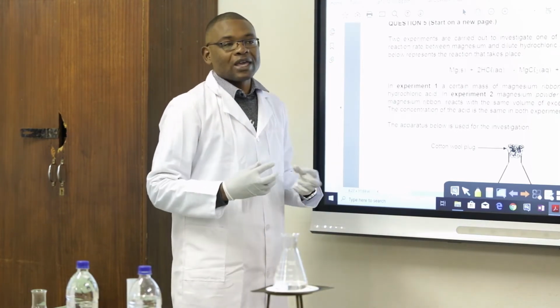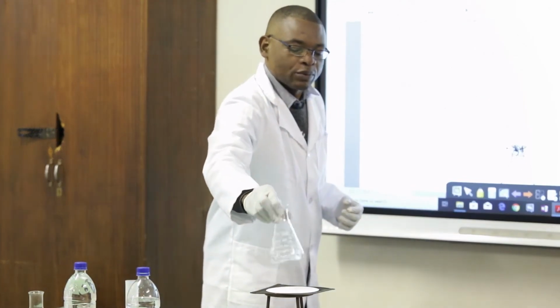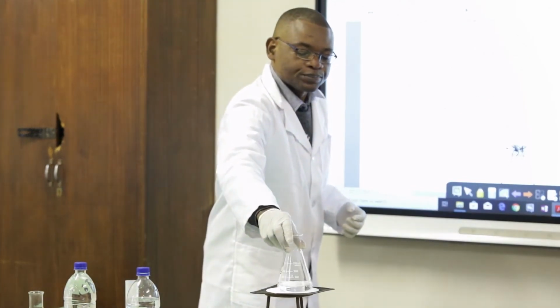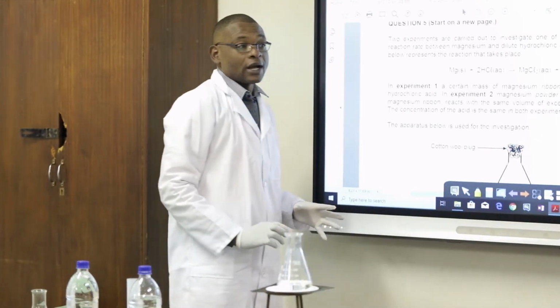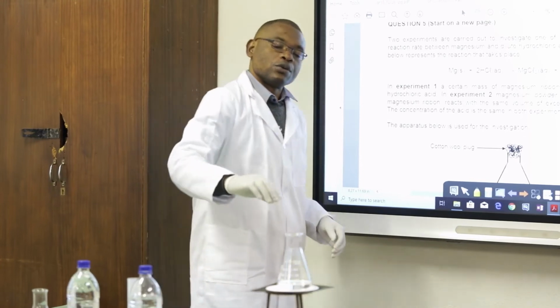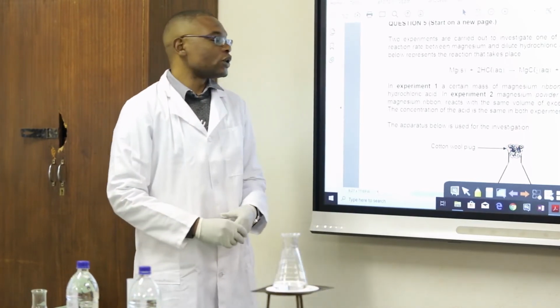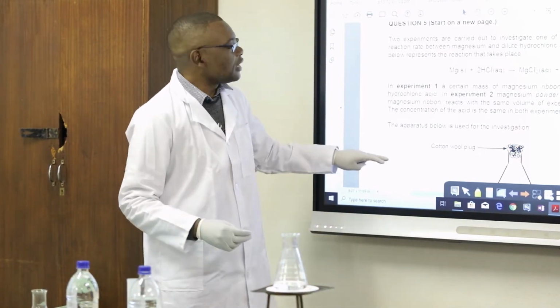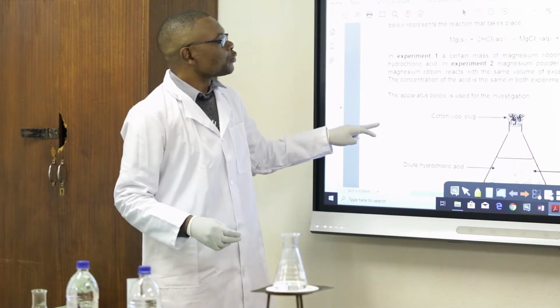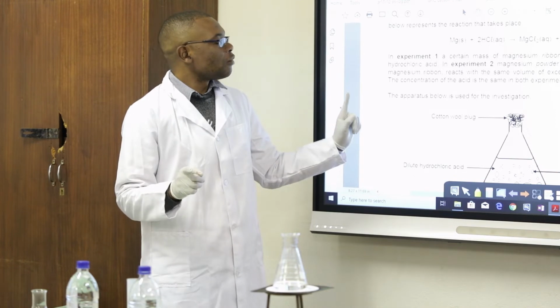So I want you to make a quick observation of what's going to happen when I put in the powder. Is the magnesium powder going to be suspended on the surface for a while before we start seeing any reaction taking place? So those observations are going to determine what's going to happen here.